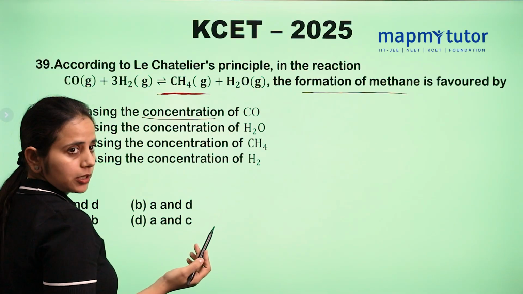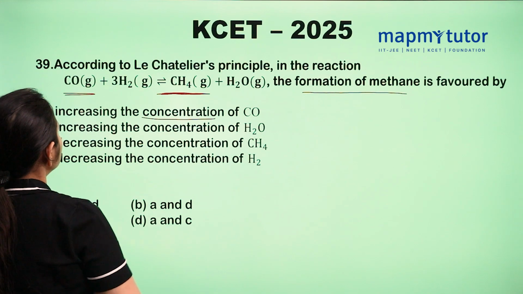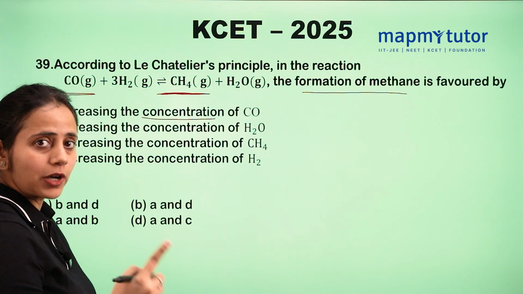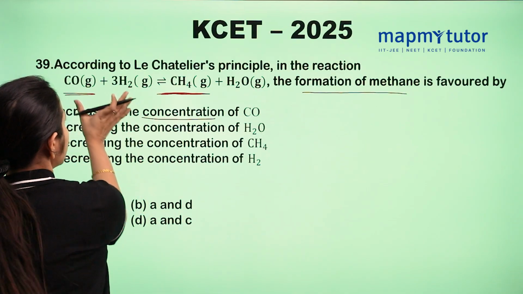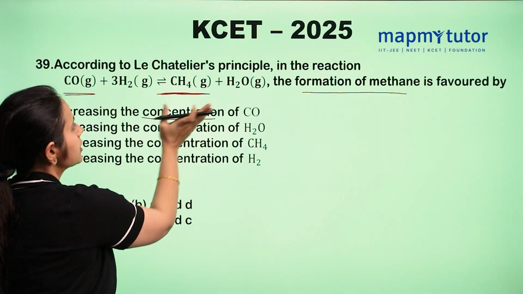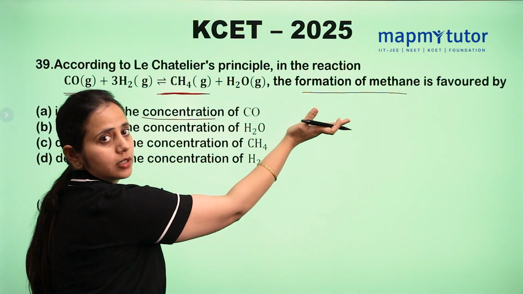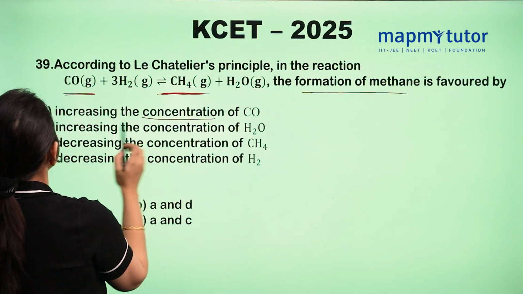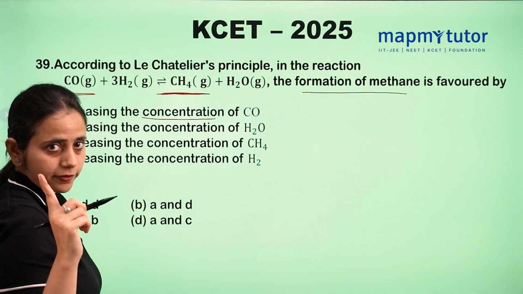How will it be formed? If the concentration of carbon monoxide is high, meaning the reactant side is high, then the product side concentration will be less. If it is less, equilibrium will shift towards this side, right? So increasing the concentration of carbon monoxide is the right answer, first thing.